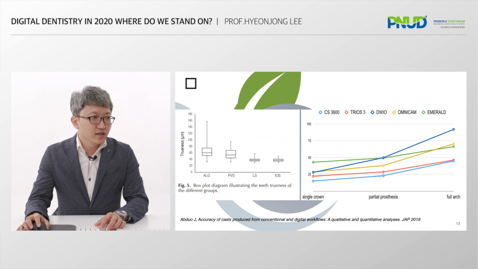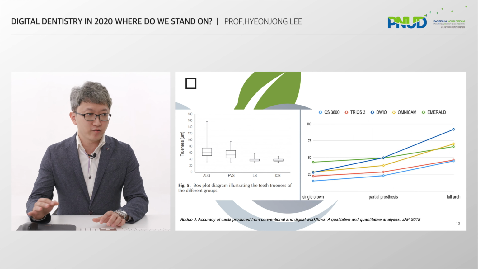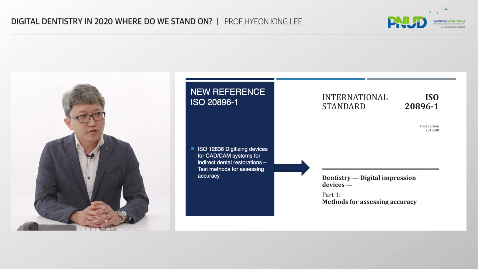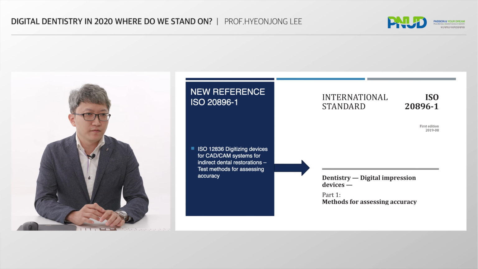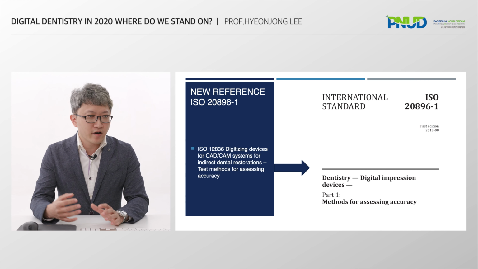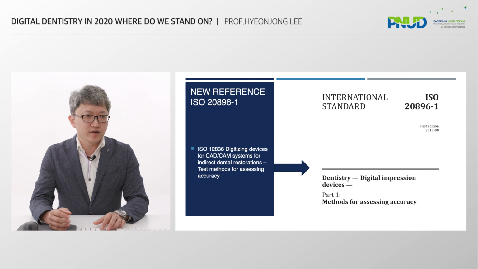But as you can see in this graph, the intraoral scanner has good results compared to polyvinyl siloxane. The ISO reference for assessing the accuracy of digital impressions was renewed last year, so it will get better at comparing the ability of each intraoral scanner.